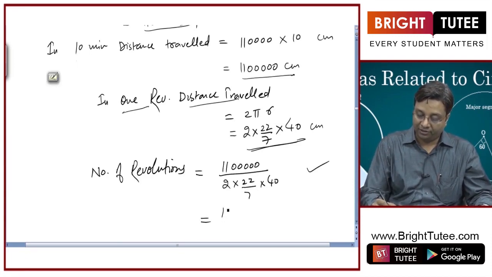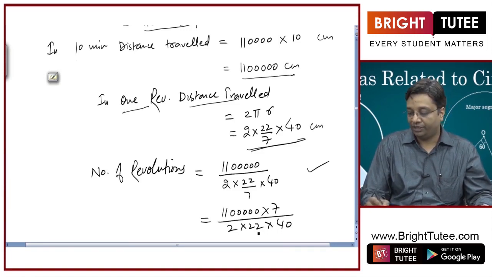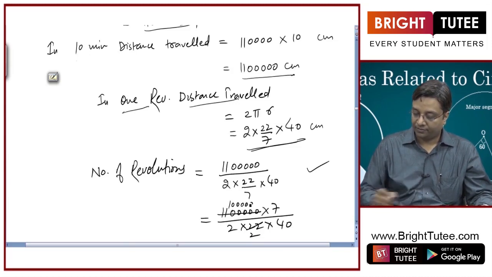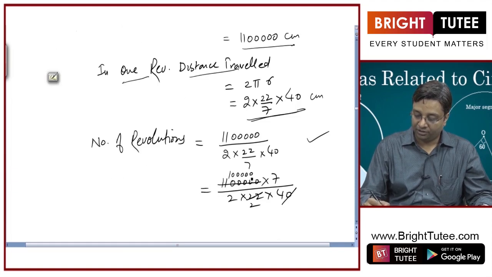So how do you calculate it? 11. This 7 can be taken in the numerator. 2 into 22 into 40. 1 0 is gone, and this is 4. So let's divide it by 4.